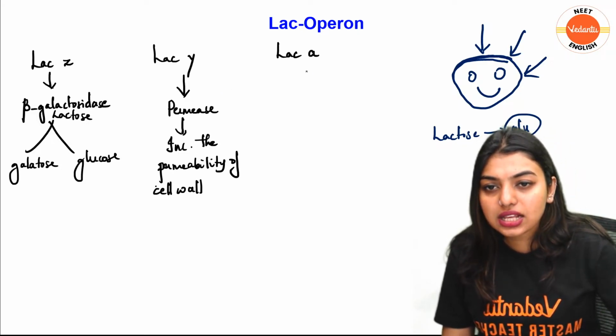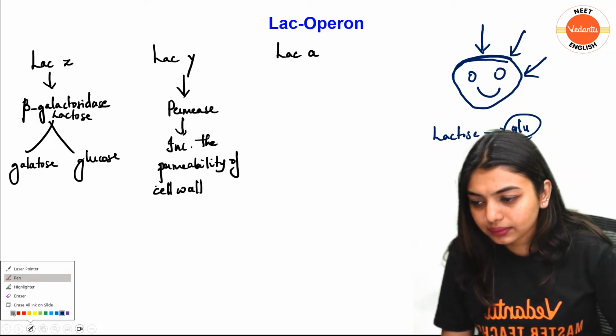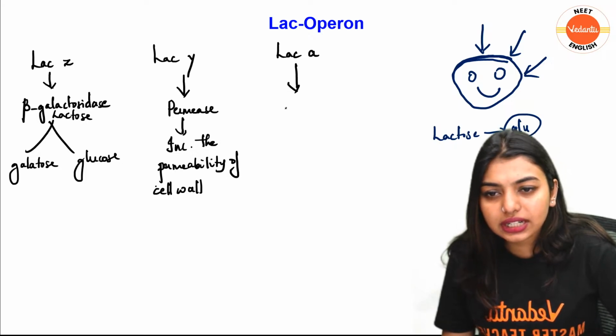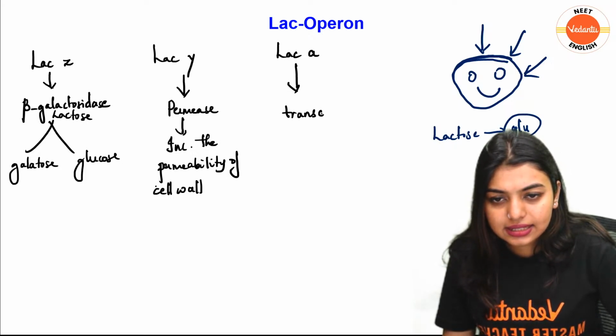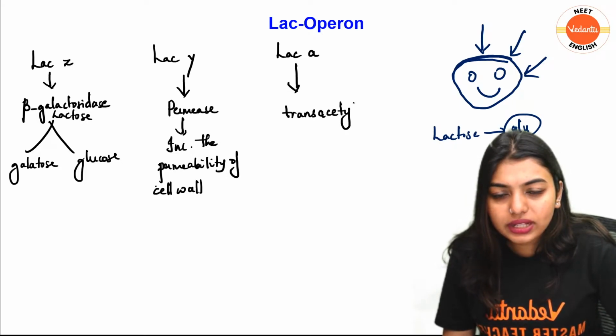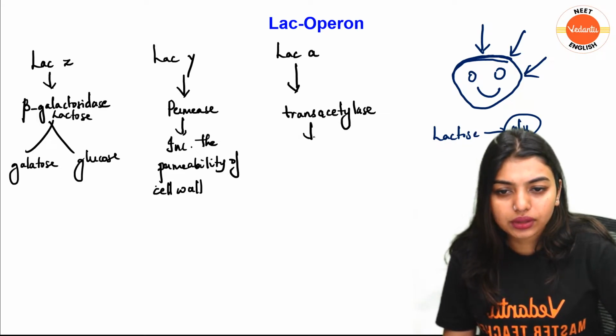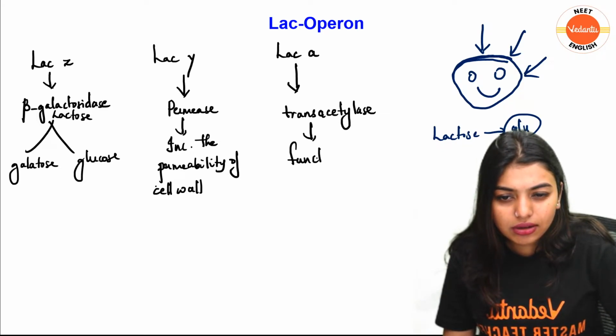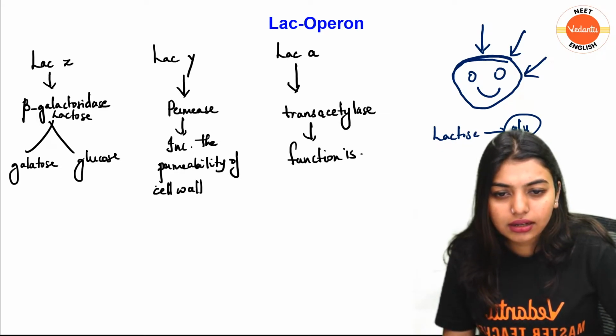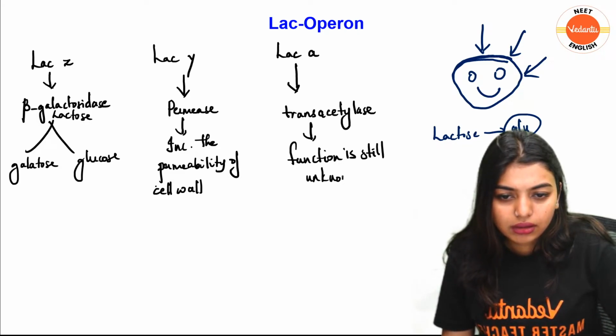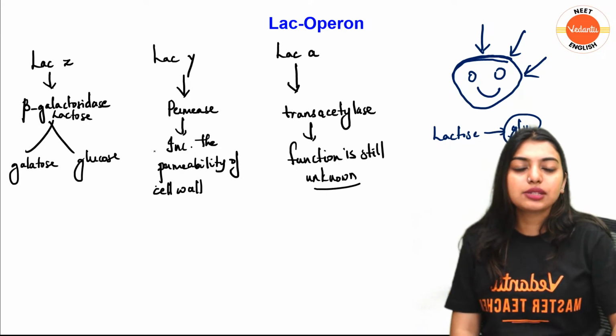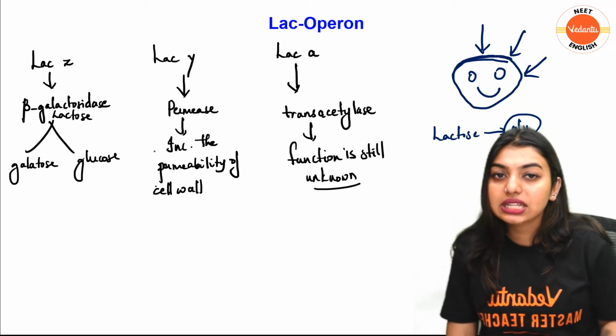And the last one is lac A, which will release transacetylase, whose function is still unknown. It might help in one of these processes, but the function is still unknown.